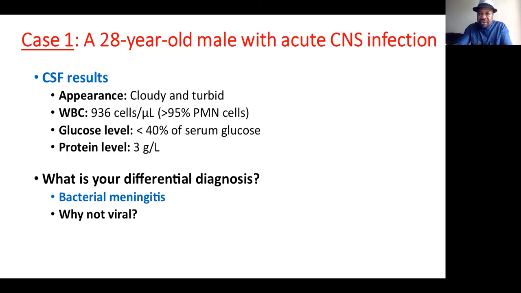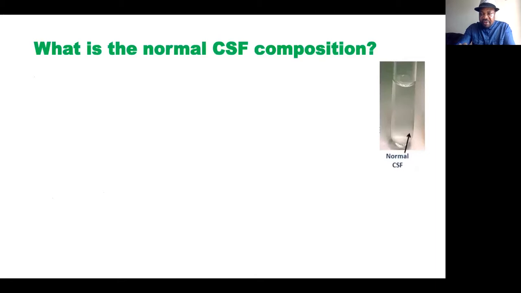It's an acute picture, the appearance of CSF cloudy, turbid, increased level of white blood cells, predominantly neutrophils, and glucose level very low. So you suspect more bacterial meningitis.